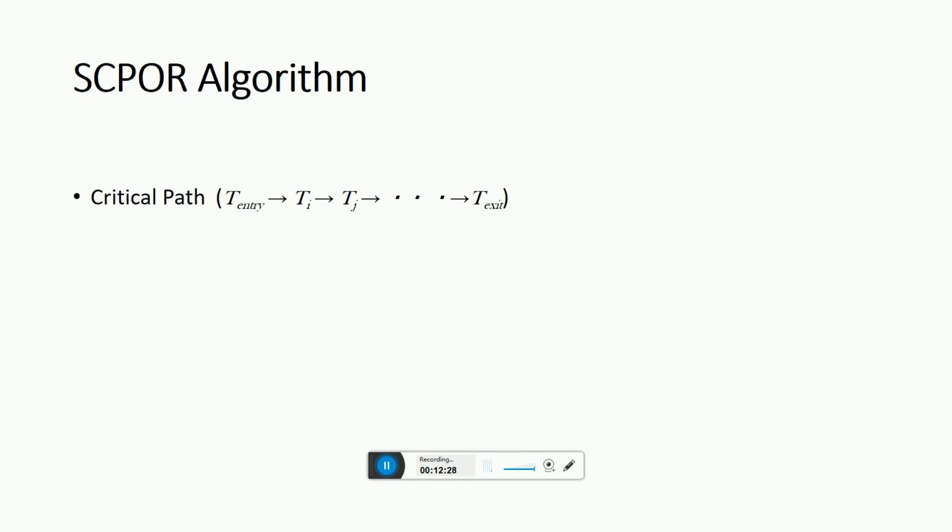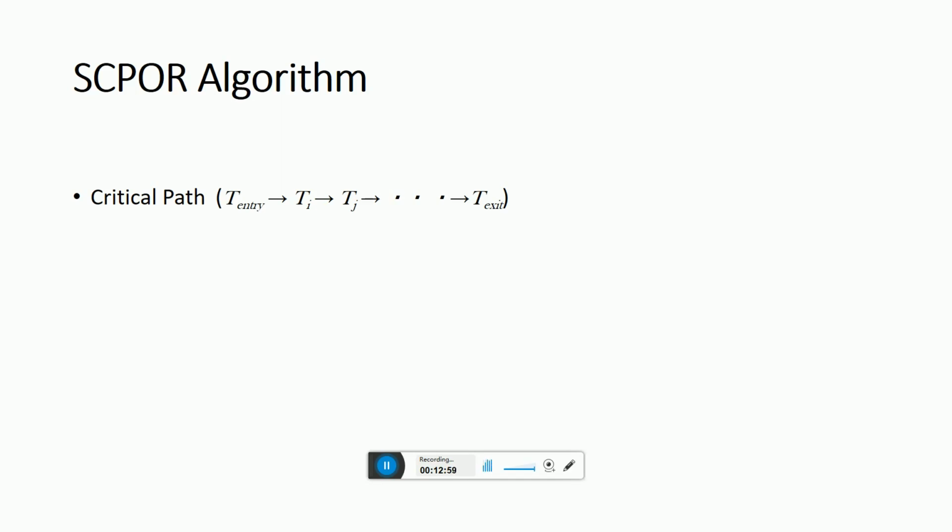Critical path, or shortly CP: in a given workflow graph G, there exists at least one path from T entry, the entry task, to the exit task, such that T entry goes to Ti to Tj and all the way to T exit. The priority rank of each task in this specific set of tasks is equal to the priority rank of the entry task in the graph.